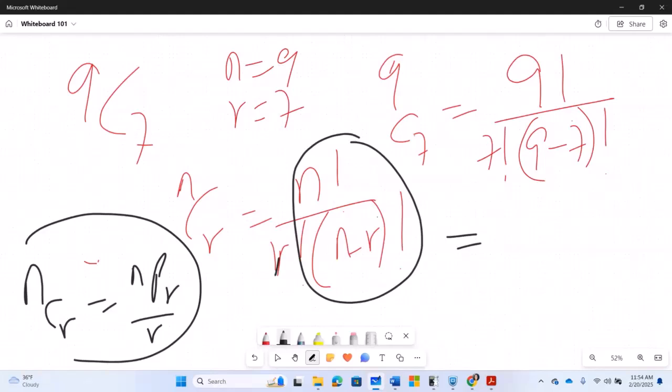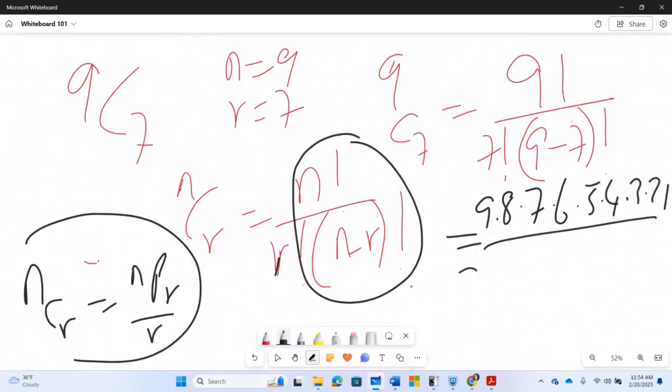So I have to simplify the numerator. 9 times 8, 7, 6, 5, 4, 3, 2, 1, all over 7 factorial times 9 minus 7, which is 2 factorial.